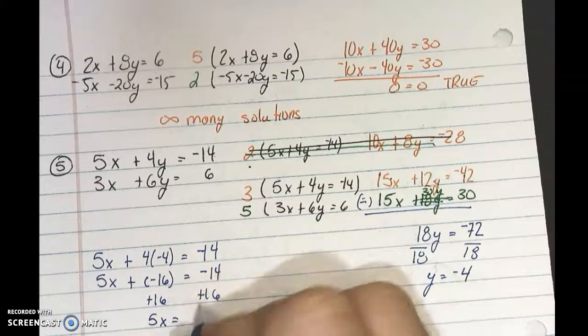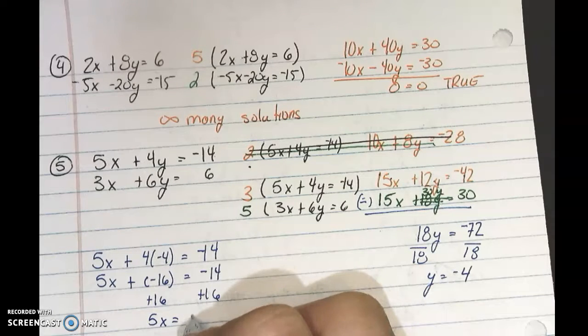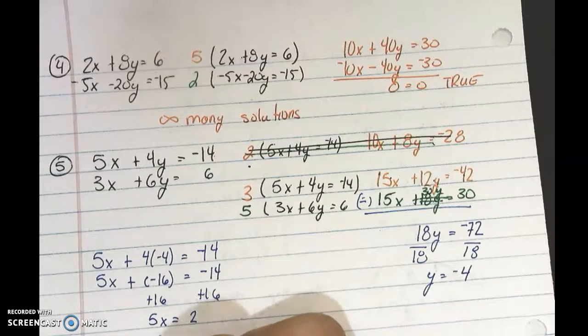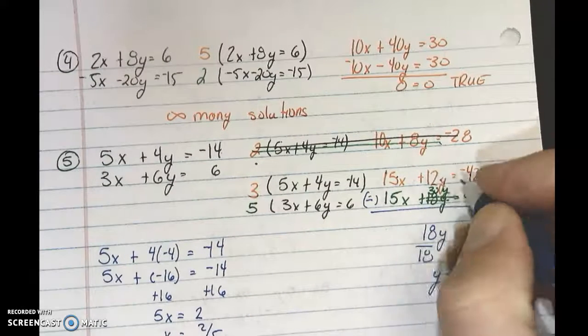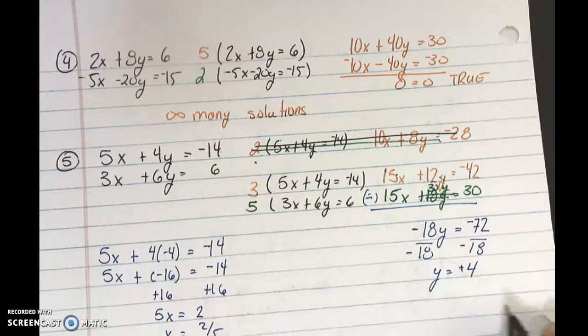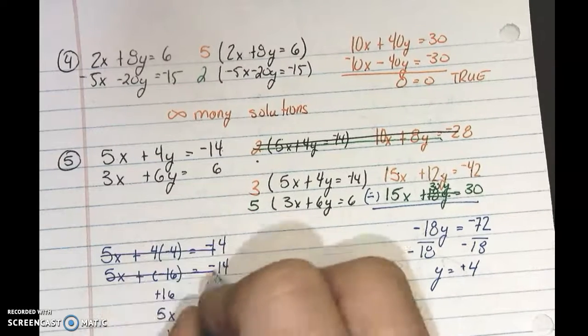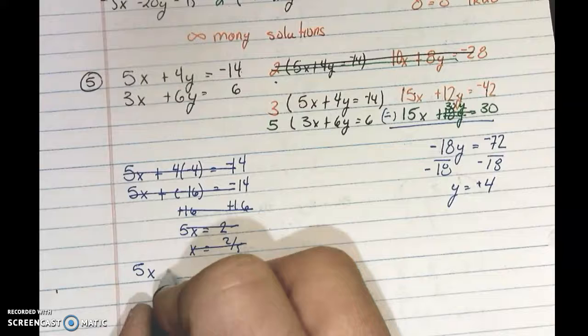So 5x is negative 30, so x is equal to negative 6. Somebody's screaming at me right now that I made a sign mistake with my negatives. This is a hard problem for me, guys. I apologize.